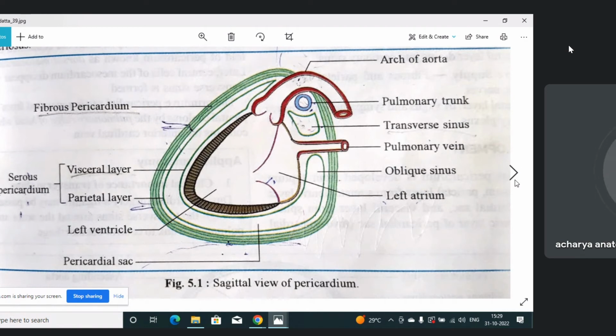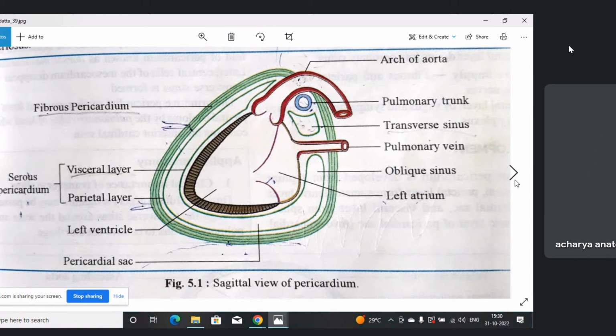First, the anterior boundary: posterior surface of the left atrium. Anteriorly, left atrium.